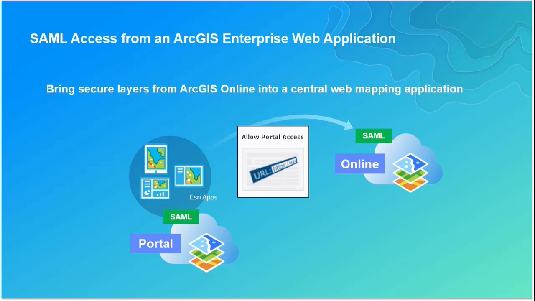It brings secure layers from ArcGIS Online into a central web mapping application. And this is beneficial if your external portal uses enterprise logins and your online uses enterprise logins, and you want users who access the web map on the portal to be able to log into online with their enterprise accounts.